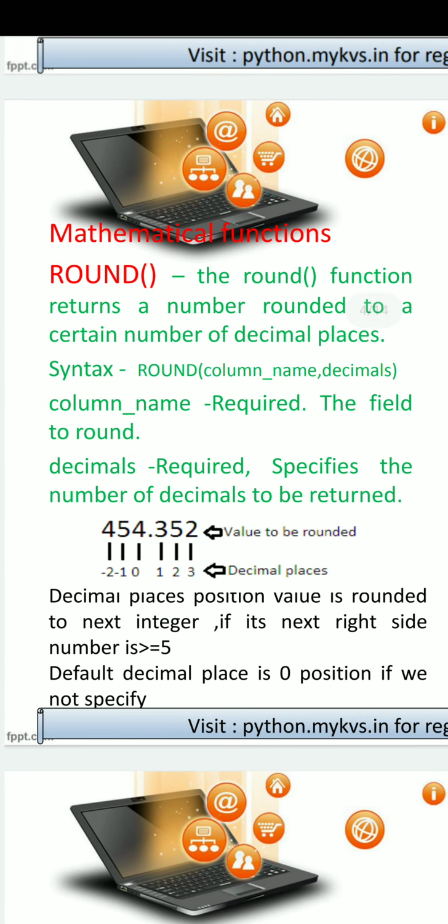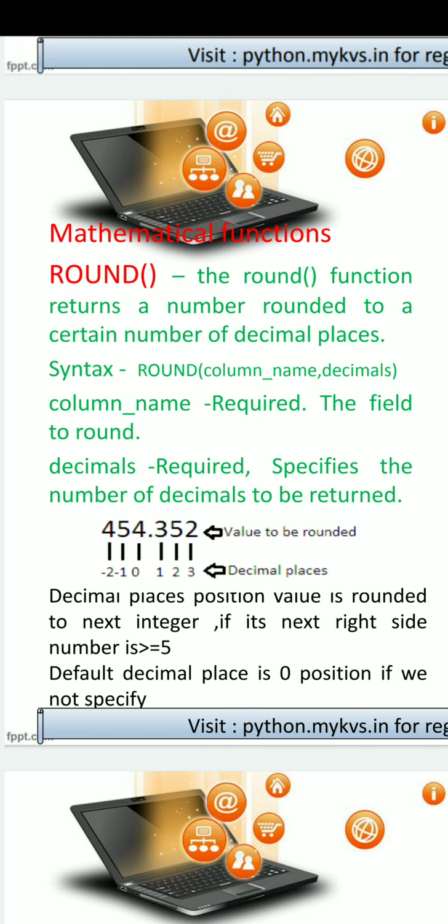Students, you are familiar with this. Suppose there is an examination of 10 marks, and suppose one student achieves 4.5 marks. Then in integer form, what should be his marks?